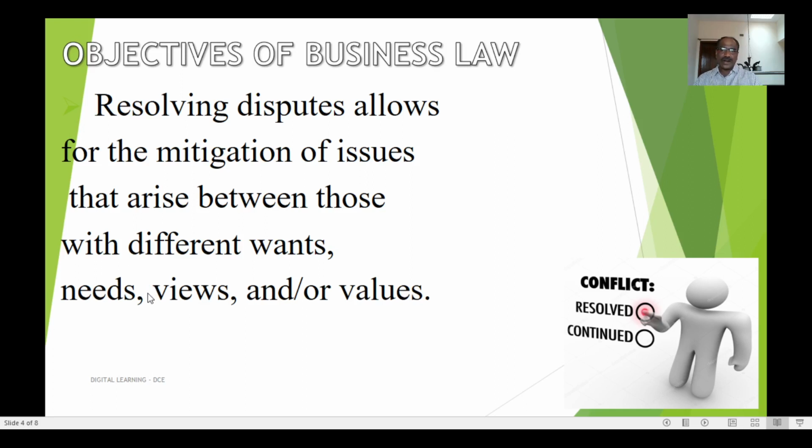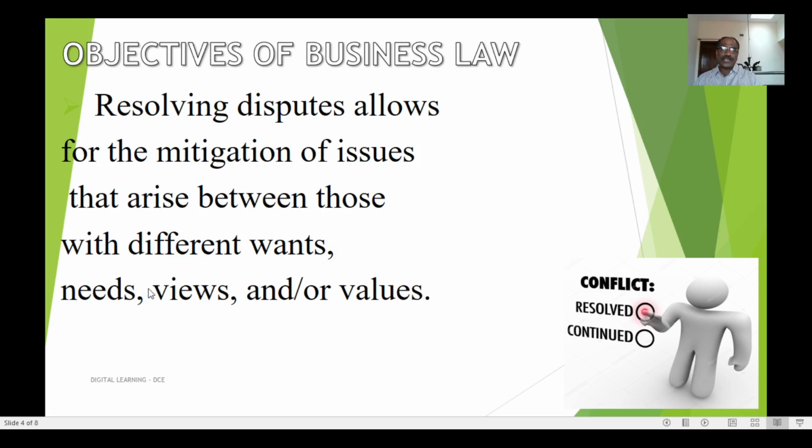If the wants or needs are not satisfied, or the product is not as they expected, they can take action against the business people, and civil disputes will be created.